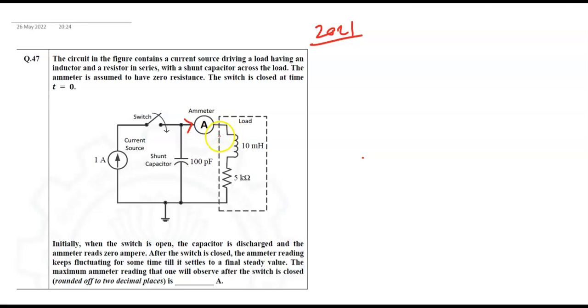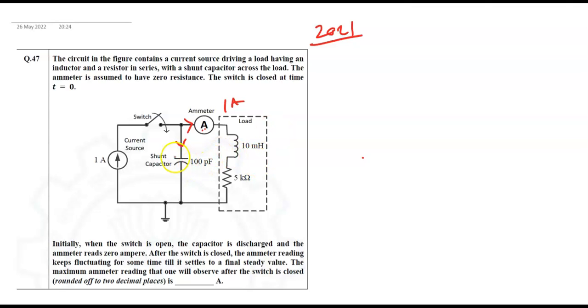That means when the switch is closed, the current will flow through this and also through this. We need to find this current. So final current, obviously capacitor will be fully charged. In the steady state after the switch is closed, the current read by the ammeter is 1 ampere.